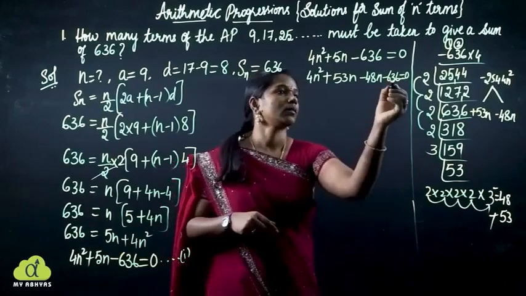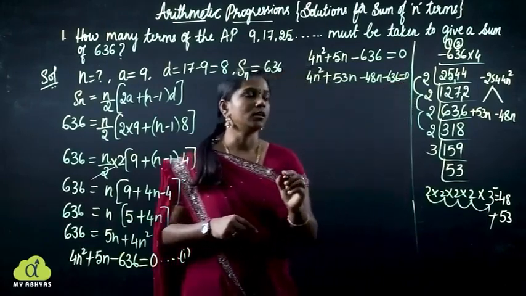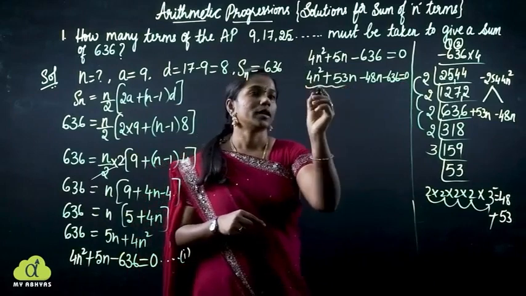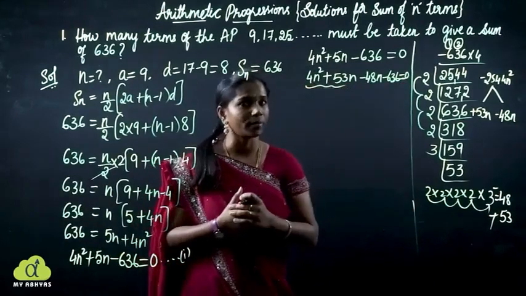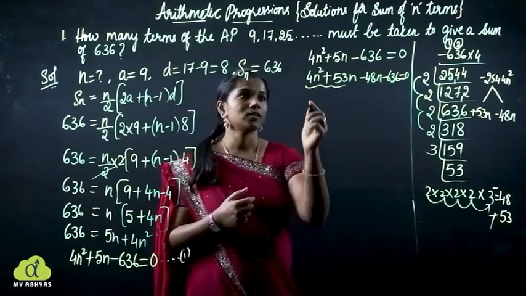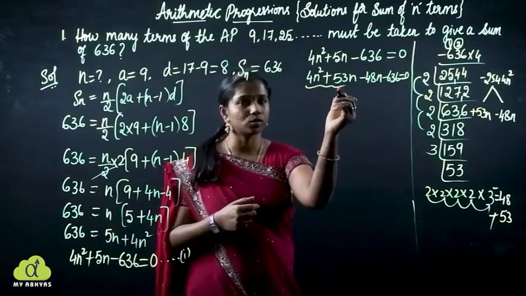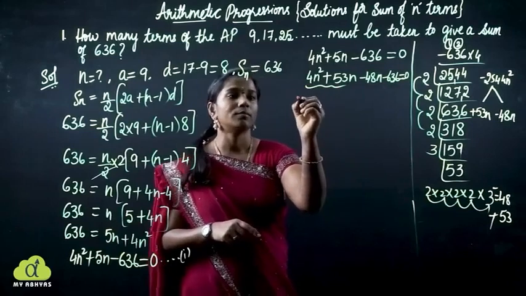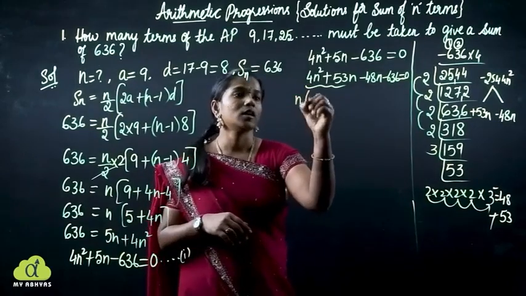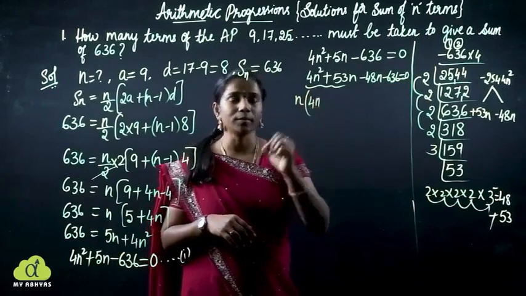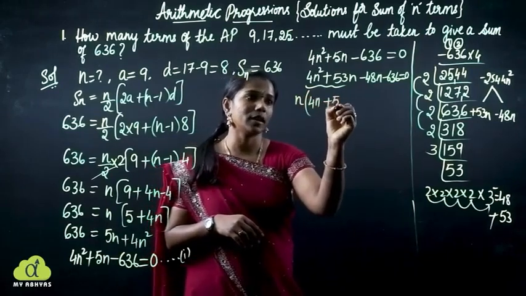Yes. Continue. Now in these first two terms, which term can be taken common? Yes, here one is even and one is odd. So we cannot take any number common, but we can take n as common. Here 4n is remaining plus 53 as it is.